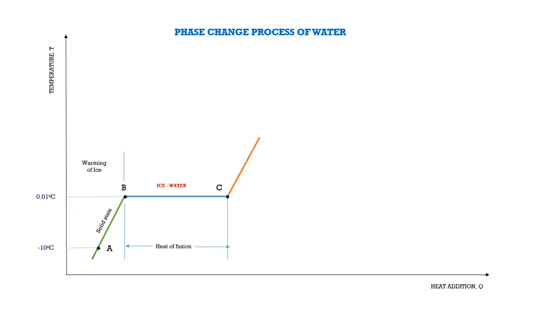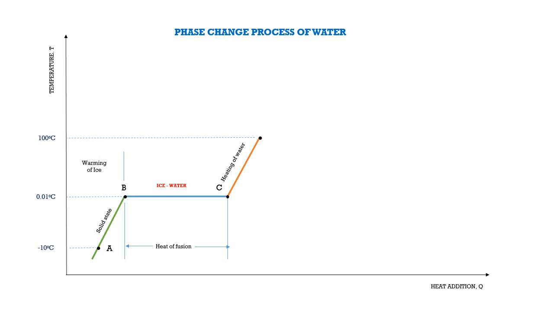Okay, the next process, C to D. At point C, 100% of the ice has been converted into water. When you supply some heat energy to this liquid water, the temperature of the water increases from 0.01 degrees Celsius to 100 degrees Celsius, because at 1 atmosphere the boiling point temperature is 100 degrees Celsius.